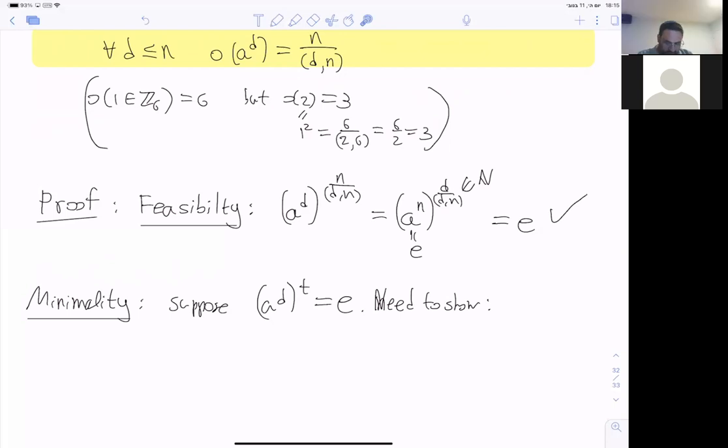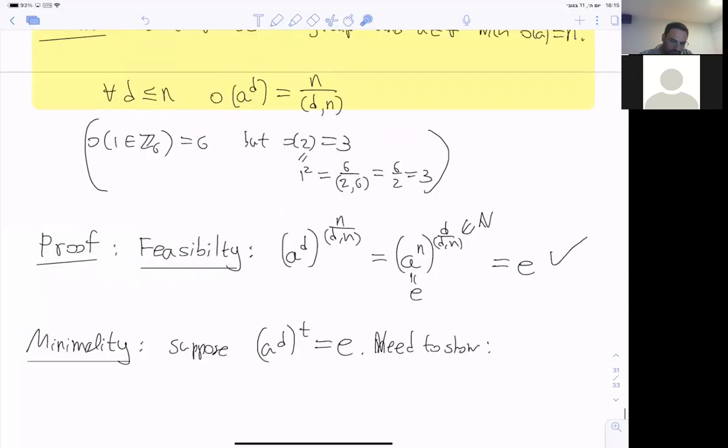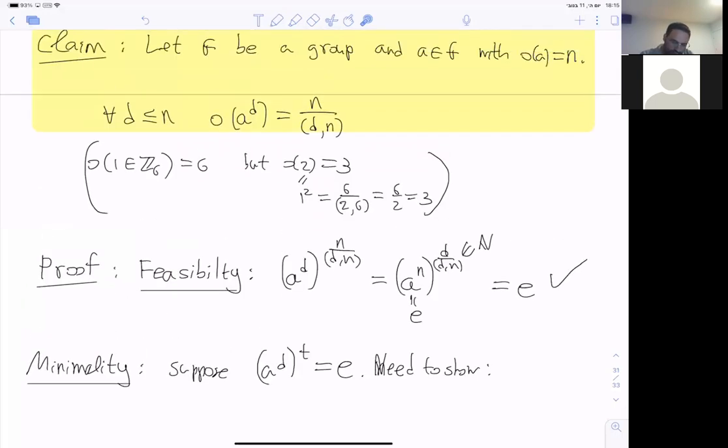If any t takes this element to e, our purpose is to show that this is the order of a^d.